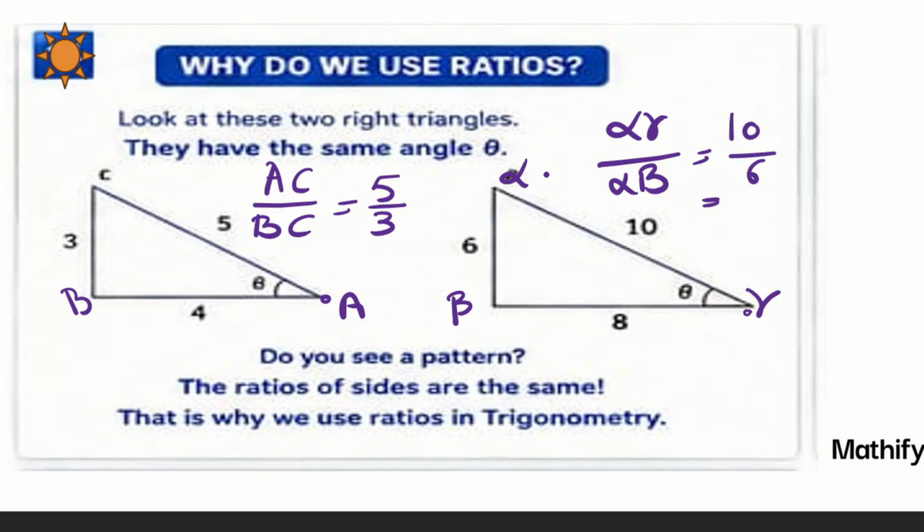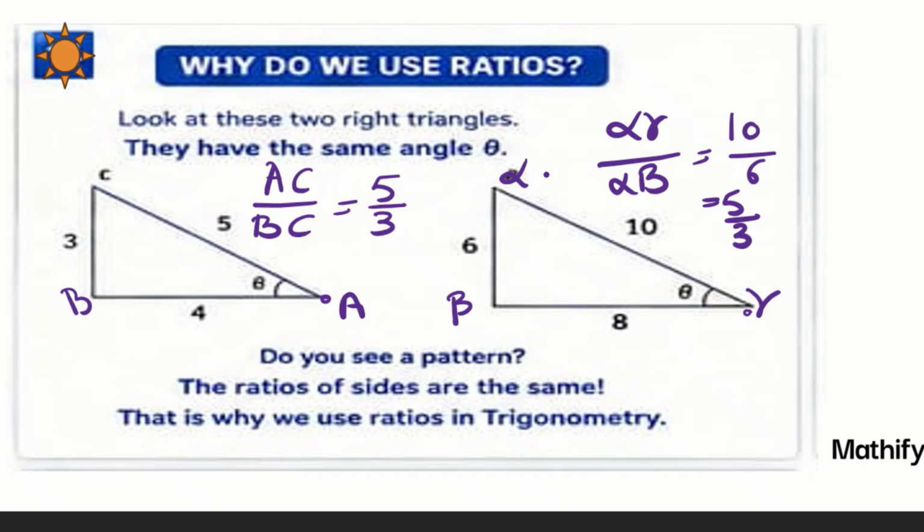If we simplify, we get 5 by 3. In the same way, the ratio of BC to AB is 3 by 4. And alpha beta by beta gamma is 6 by 8, that is nothing but 3 by 4. So, the ratios of sides are the same.